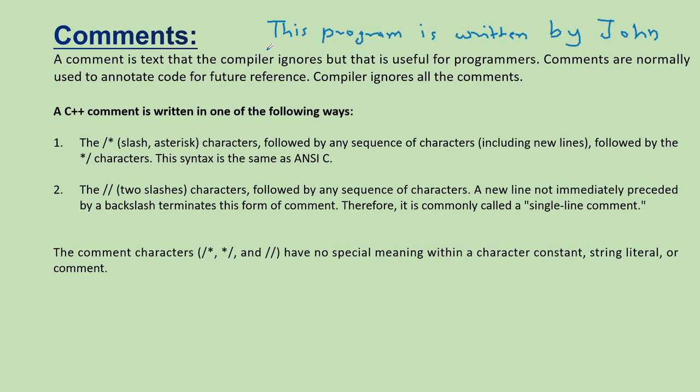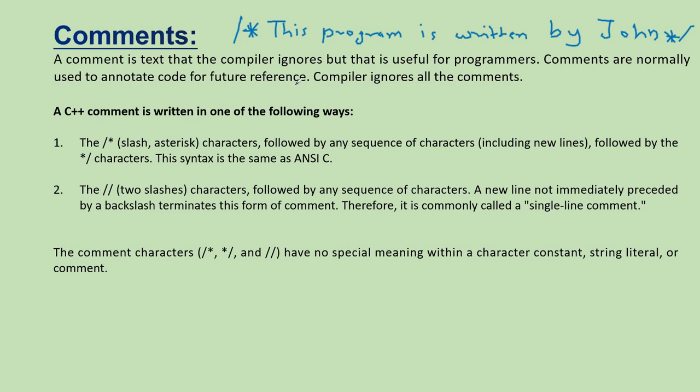To write this, we enclose it with slash asterisk at the start and asterisk slash at the end. Whatever is enclosed within this is a comment, and it will be completely ignored by the compiler. You can write anything in this comment.